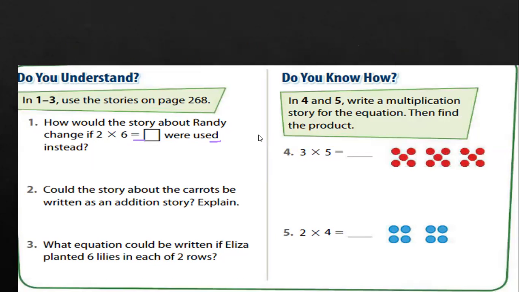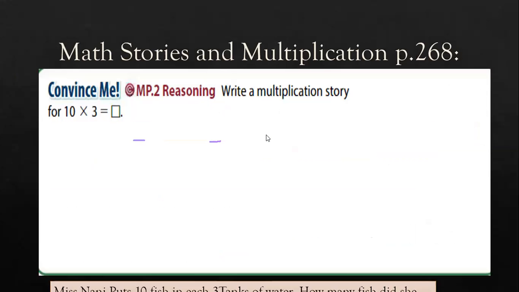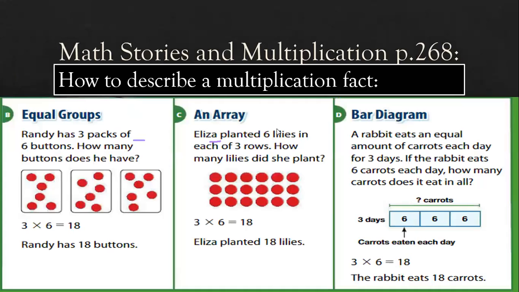Okay, let's go read the Randy story that we had before. Randy has 3 packs of 6 buttons. How many buttons does he have? So we go and see that he has 3 bags of 6 buttons. He wants me to change to 2 bags of 6 buttons.